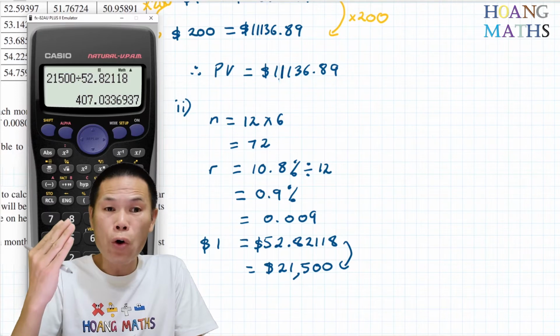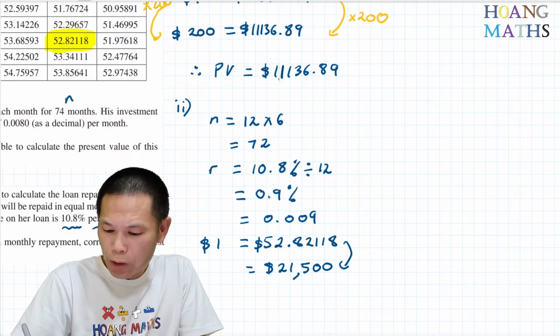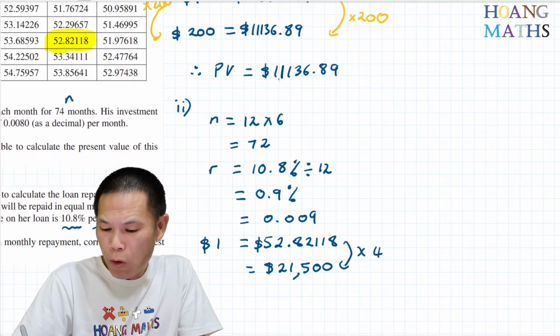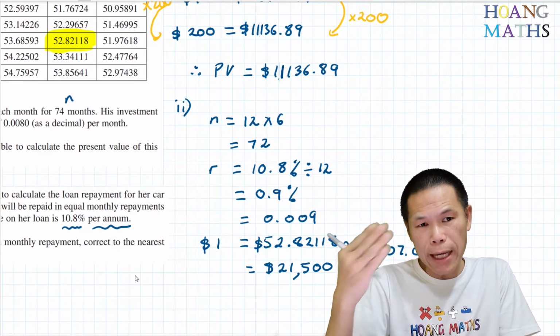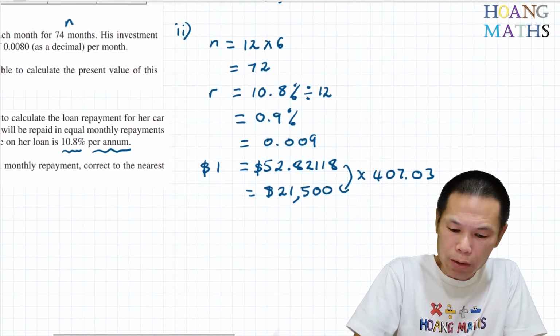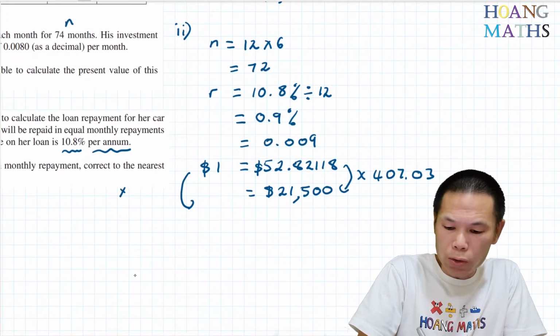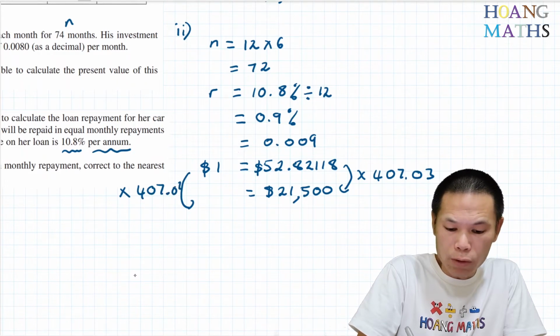Okay. So 407.03 for now. So we times by 407.03. Whatever we do on the right hand side, we do exactly the same on the left hand side. So from here to here, we also times by 407.03.